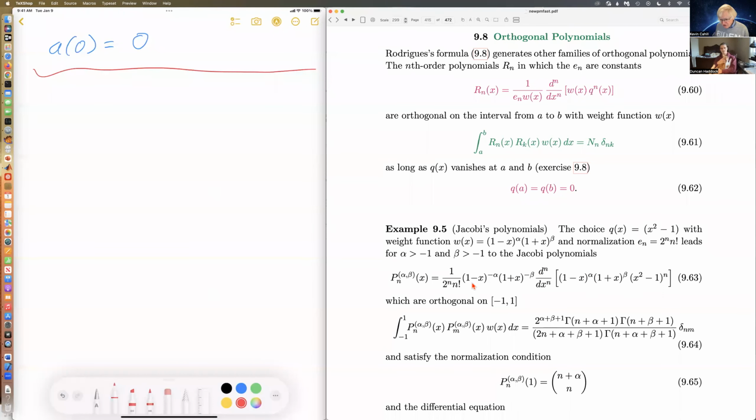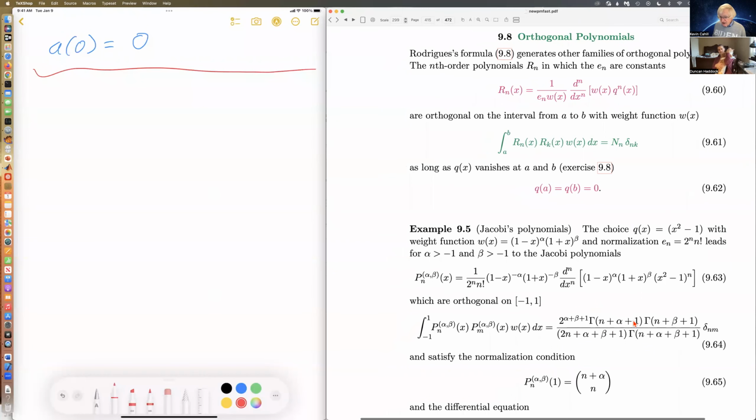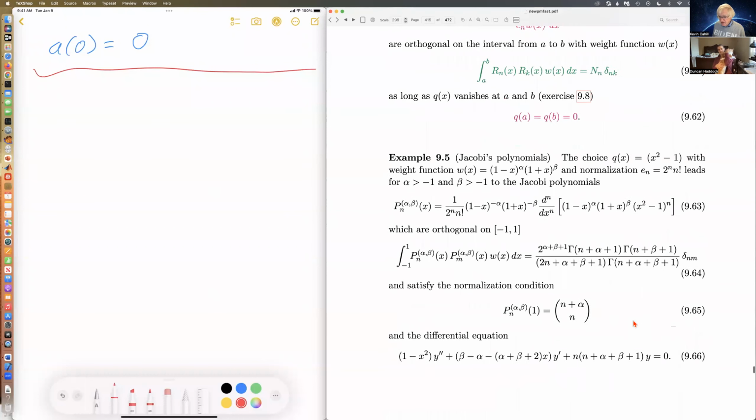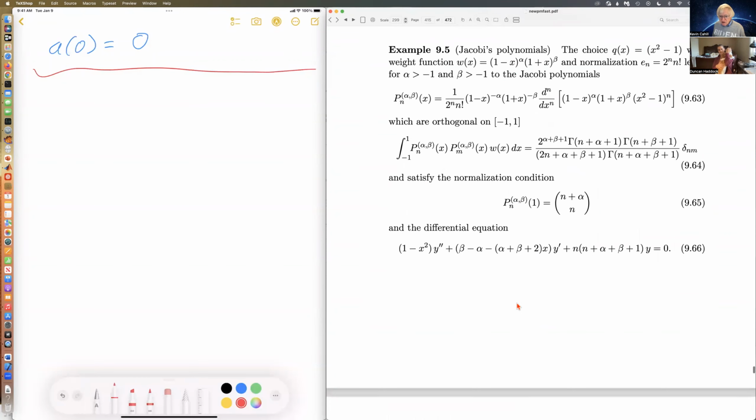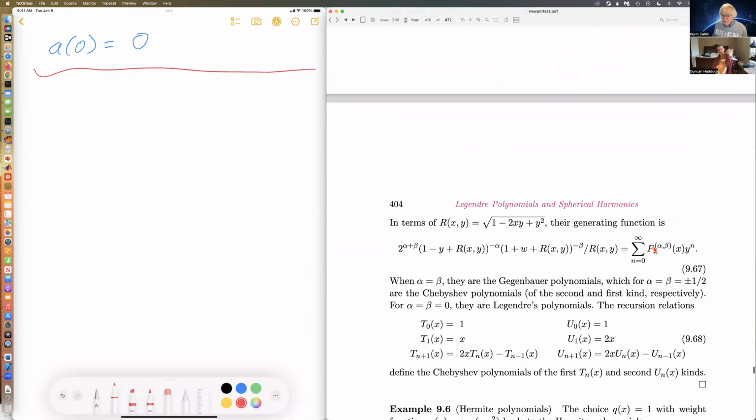There's the weight function, then you divide out the weight function. They're orthogonal on the interval when weighted by the weight function, and the actual value of the integral involves gamma functions. And you have this as the normalization condition, and then they satisfy this differential equation.